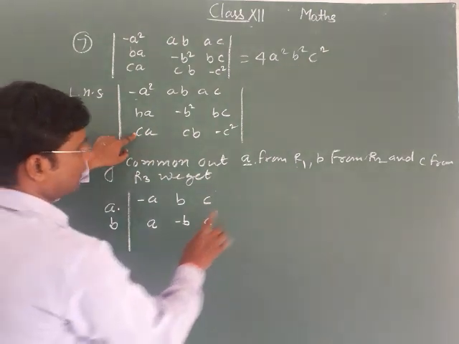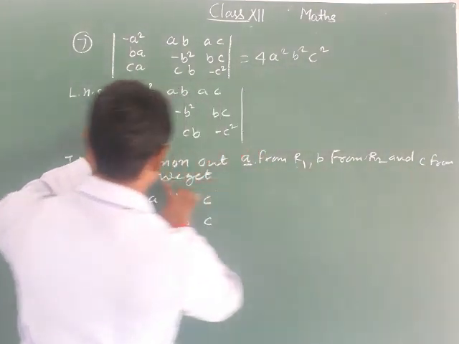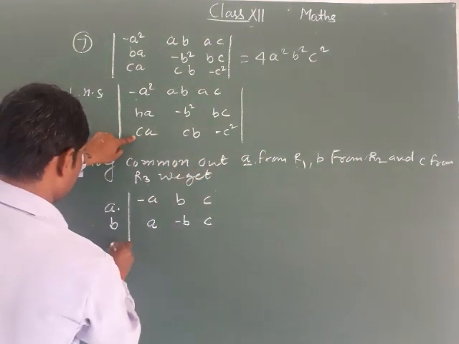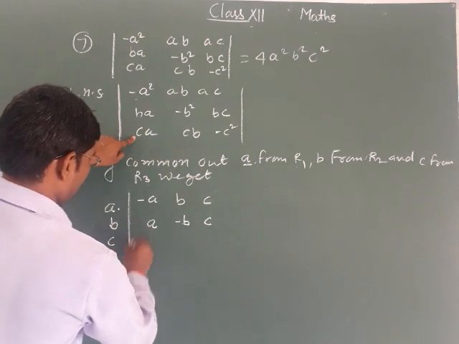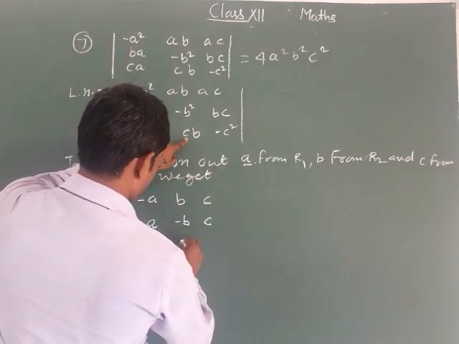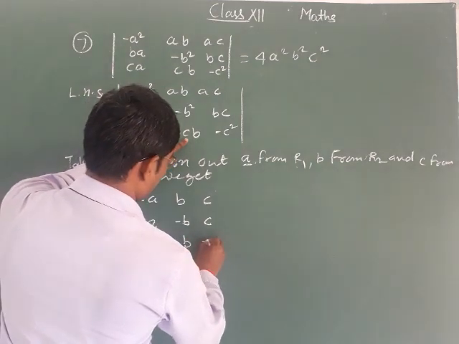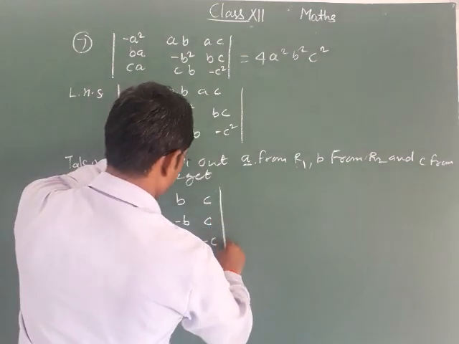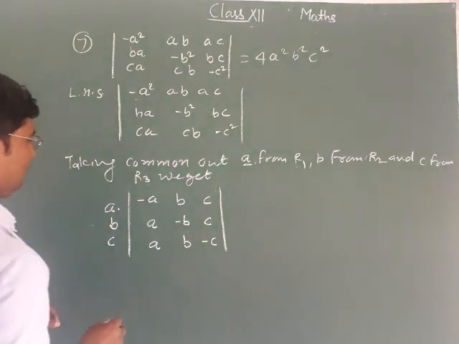Also common out c from R3, so this is a, b and minus c.